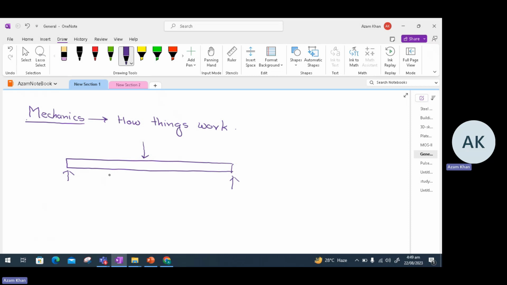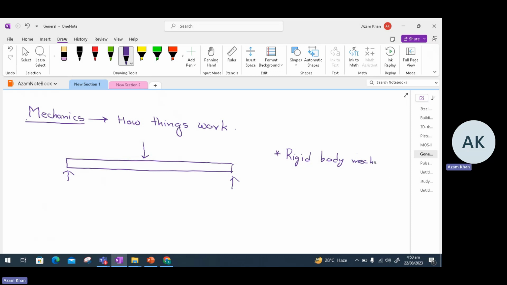Mechanics within the context of civil engineering deals with statics and dynamics. You have done engineering mechanics, so statics and dynamics, they both are related to mechanics. So let us write rigid body mechanics, in short form.